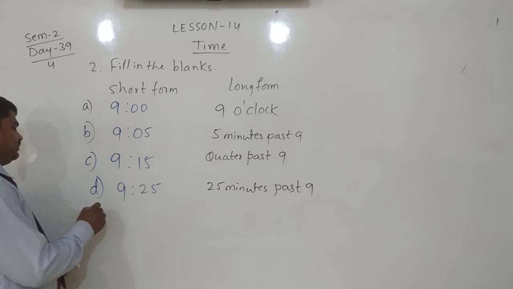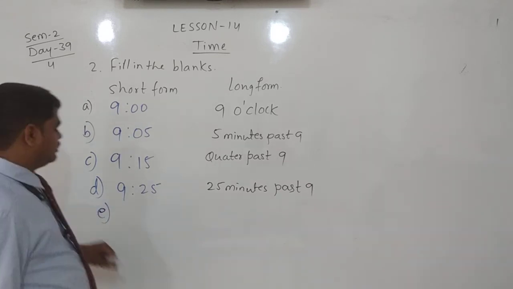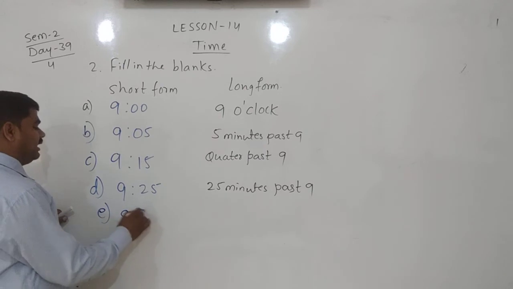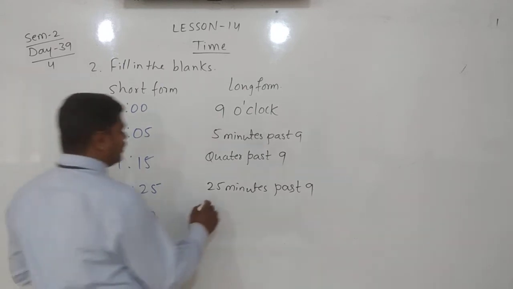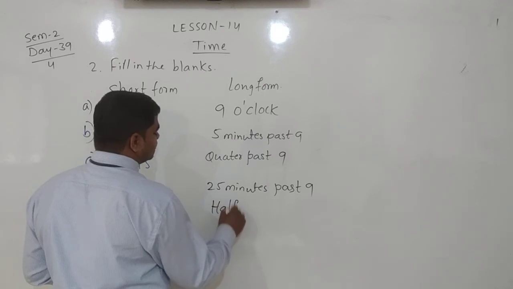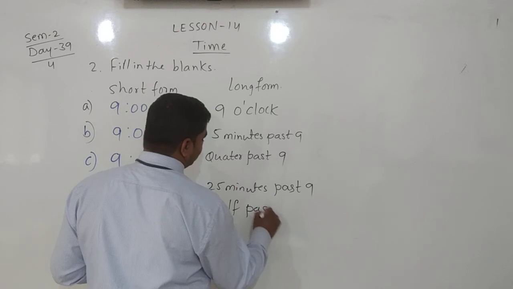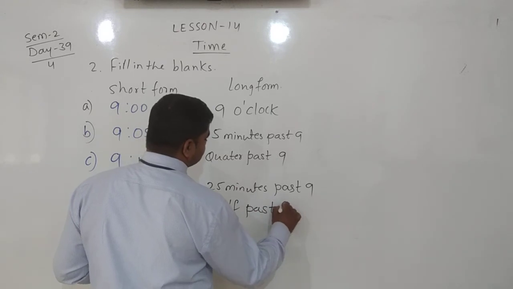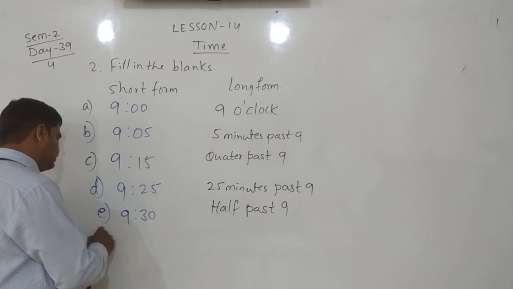Next E. Very simple. 9:30. Half past 9. 30 minutes past 9 also you can write. 1 hour is 60 minutes. Half an hour is 30 minutes. Half past 9. Its long form is half past 9.